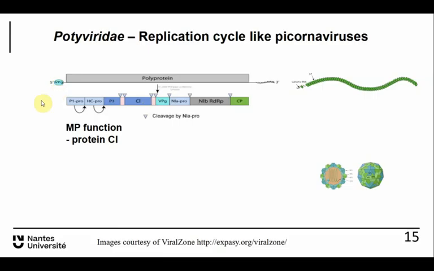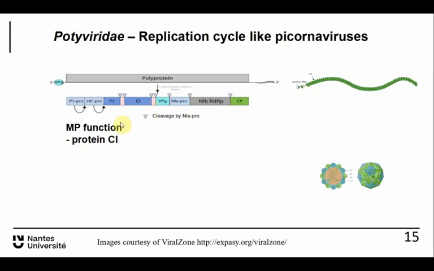And when you look at the polyprotein, it codes for a couple of different proteases, RNA polymerase down here, the capsid is on the 3' end, and the VPg is in here. And the NIa-Pro protease will cleave most of these individual proteins here.